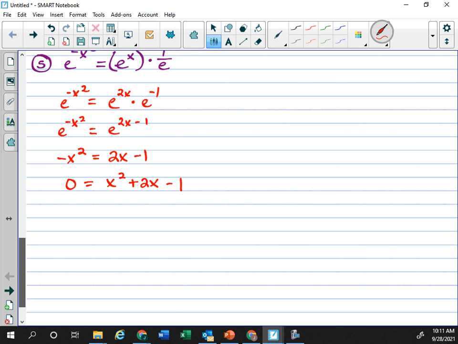Does it factor? It doesn't. You would need negative 1 times negative 1. Actually, you'd need positive 1, and that's not what we have. So it does not factor. So you need to either complete the square or solve with the quadratic formula. Let me remind you how to complete the square, because do you guys remember how to do that?